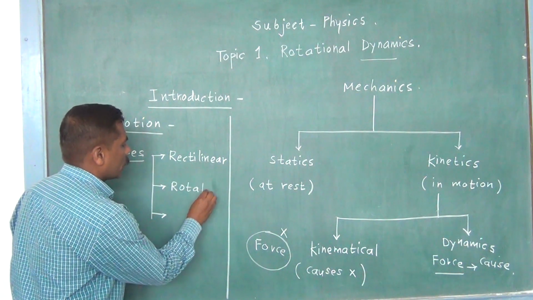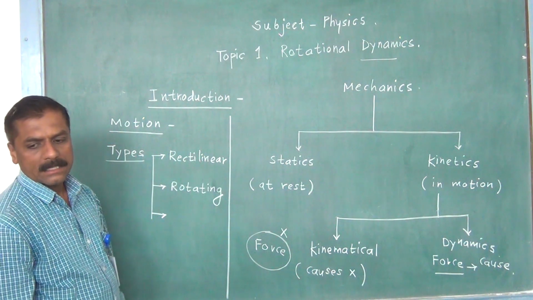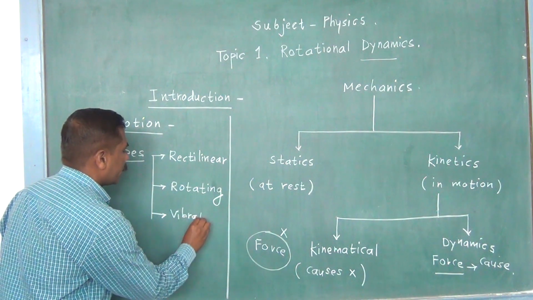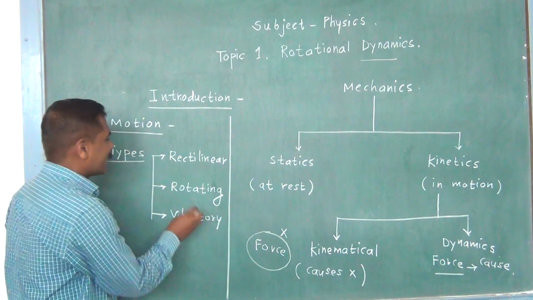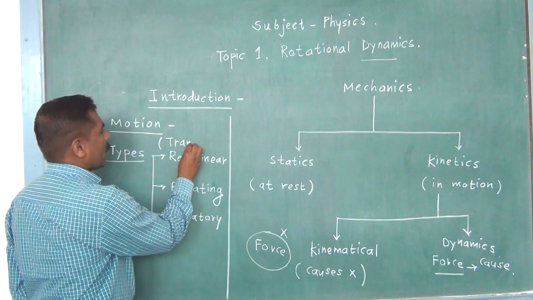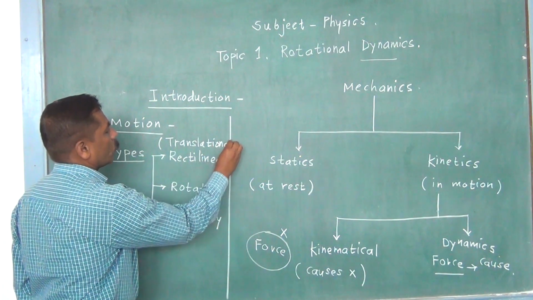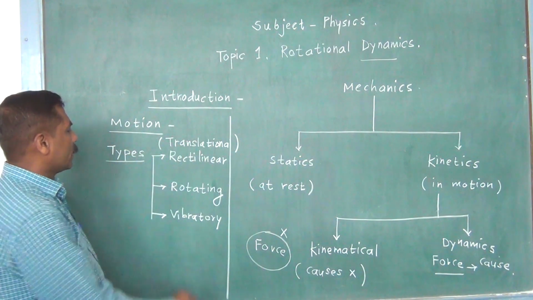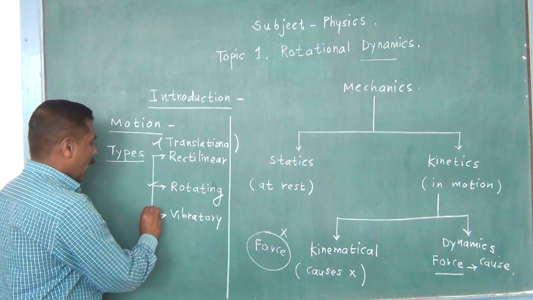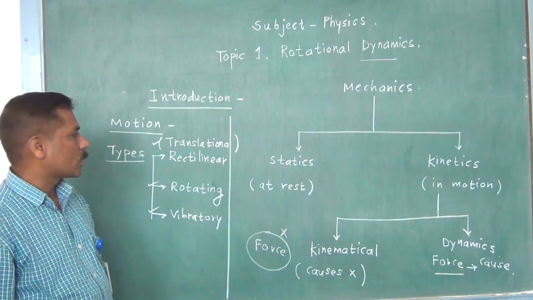And the third one is called as the vibratory motion. Now this rectilinear is also considered as the translational motion. So you will find here translational, rotational and vibratory. These are the main three types of motion.